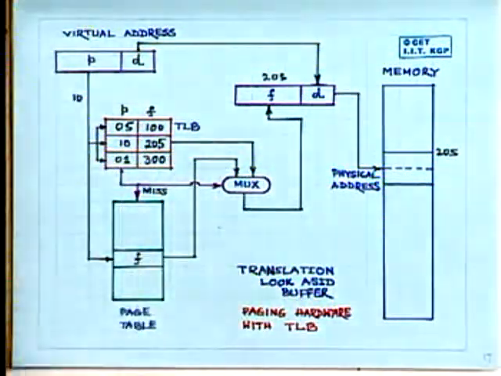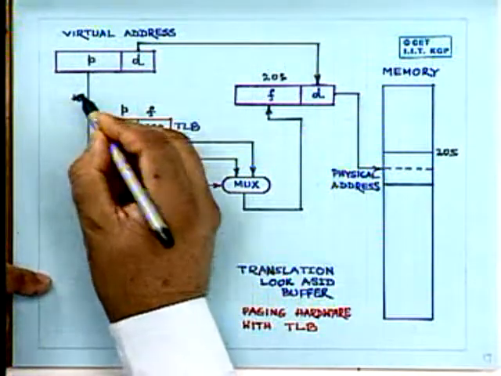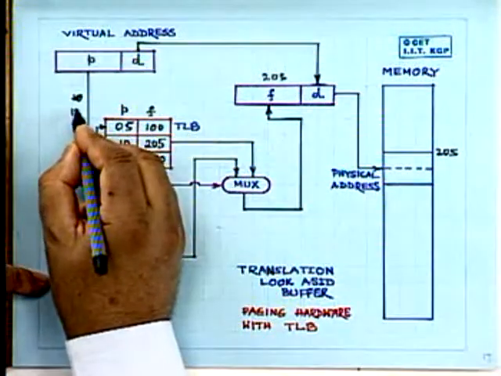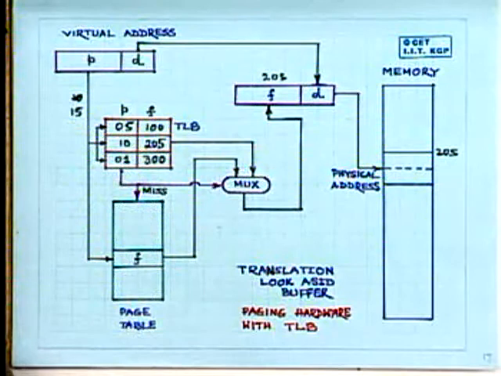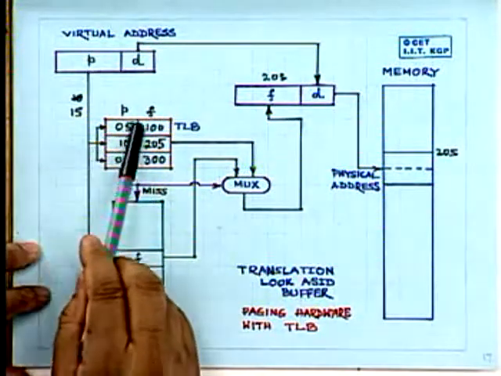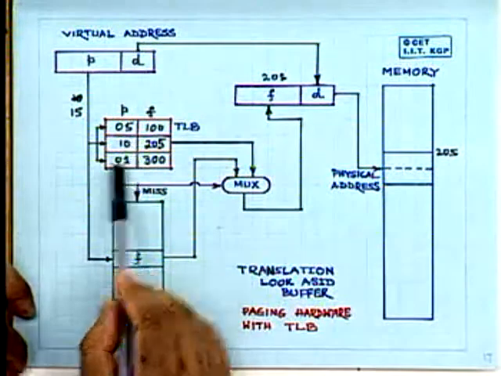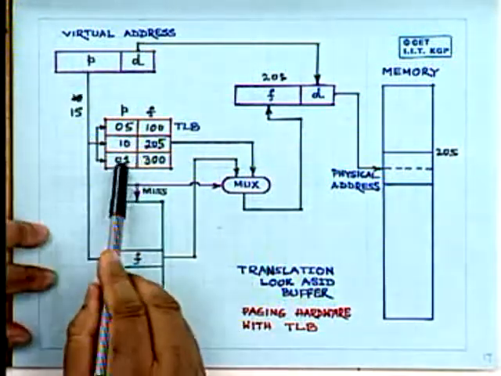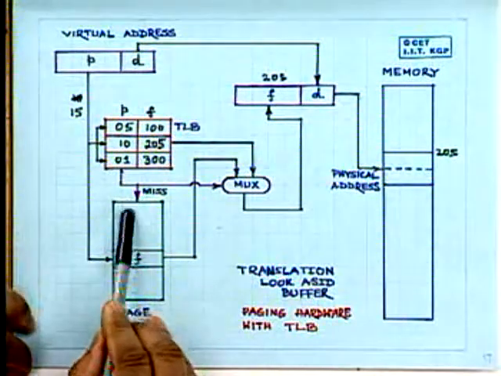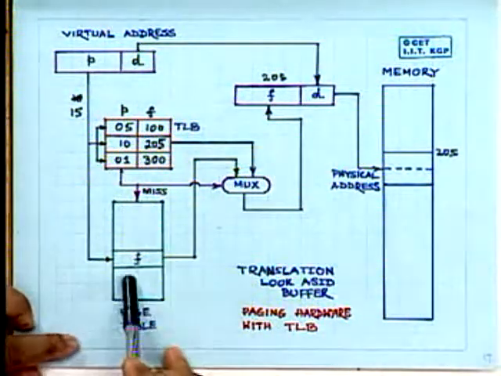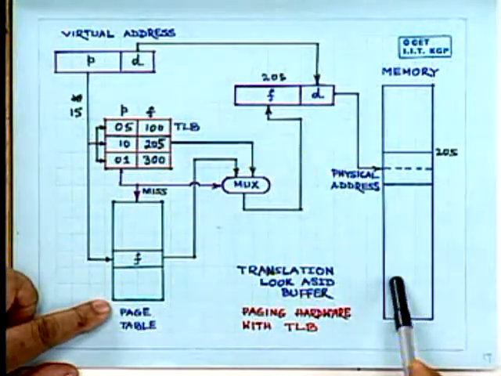Now, suppose instead of 10, the page number is 15, okay? You see the 15 is not here. What happens then? Since 15 is not here, it will indicate a miss, and that miss information will come to the page table. This table is in the memory, okay?